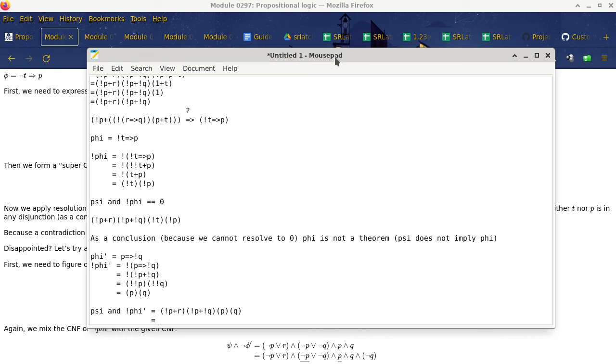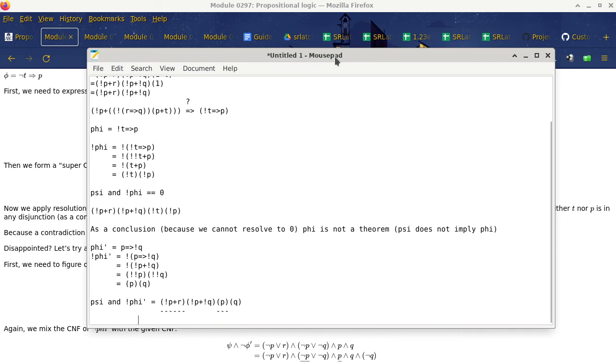So let me use a notation to indicate what we are picking to perform the resolution. This is the first one, this is the second one. So now the question is, what is the result of that resolution? Yep, just R by itself.